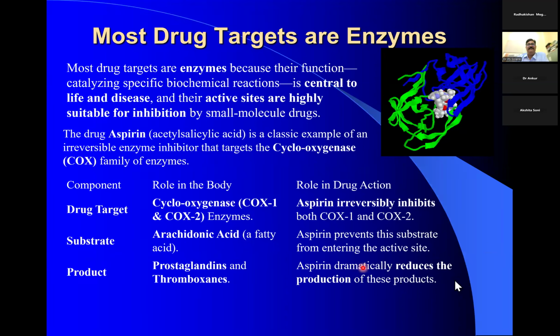Okay, and if it binds and the enzyme doesn't perform its activity, it will not form prostaglandin, thereby stopping the production of prostaglandins and, for example, clotting. These thromboxanes are responsible for clotting, so it binds with this and stops their activity.